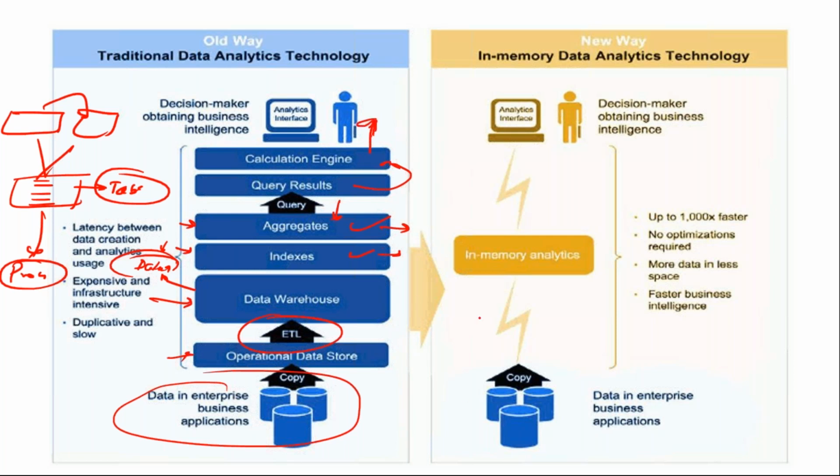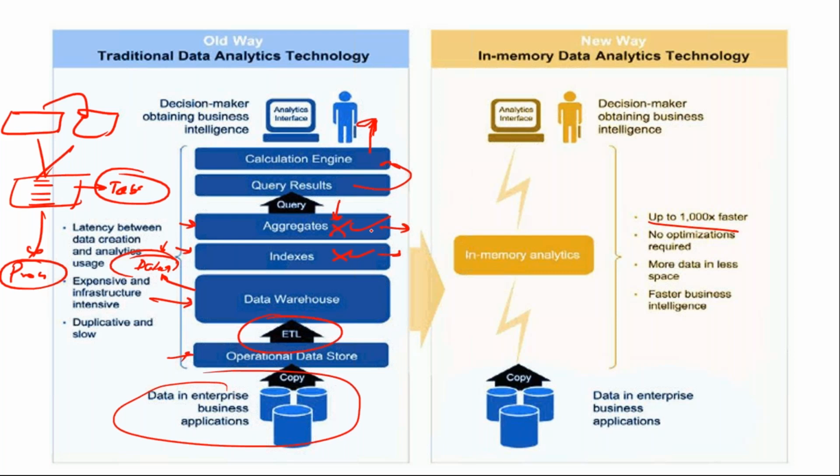That's the reason with this in-memory database, the performance has gone 1,000 times faster in terms of how the data gets processed. And they eliminated these aggregates and indexes, so that it is done on the fly. Let me not hold specific information in the tables, because any small field in any customer master, vendor master, or for example a material master that gets updated, imagine how many index tables have to be updated.